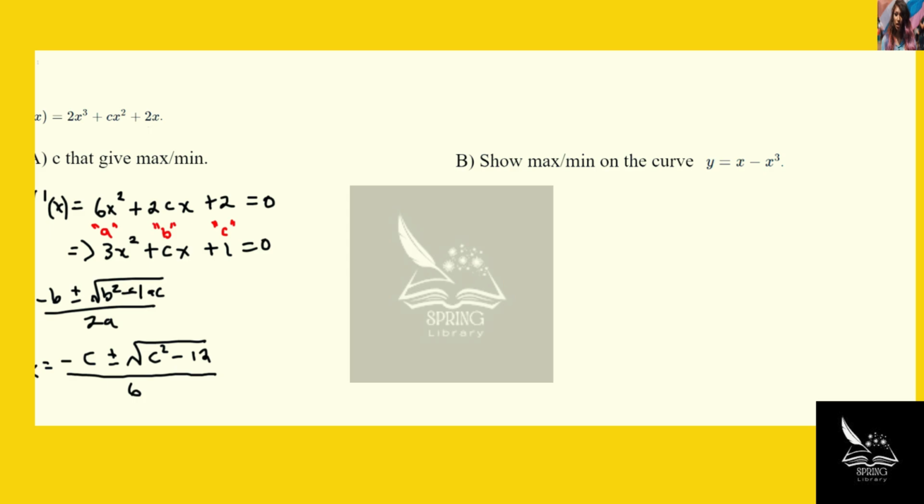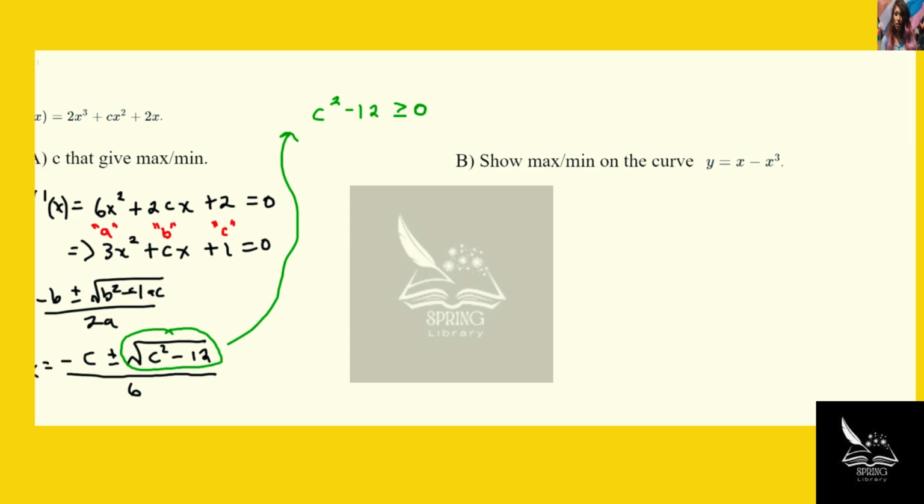The thing we need to make sure of is that this radical is defined. That happens when c squared minus 12 is greater than or equal to 0.